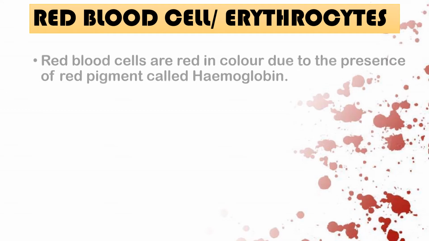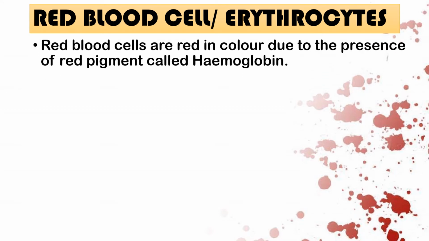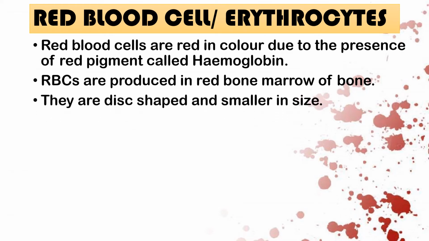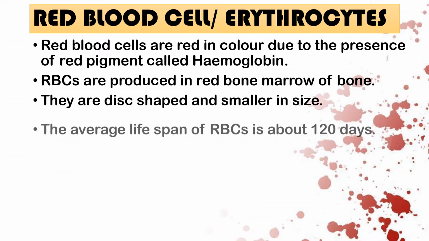In the solid components, the first type of cell present in blood is red blood cells. It is also known as erythrocytes. Red blood cells are red in color due to the presence of a red pigment called hemoglobin. Red blood cells are produced in the red bone marrow of bone. The shape of these cells is disc shaped and they are small in size.